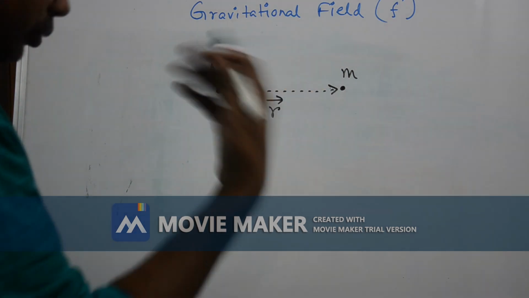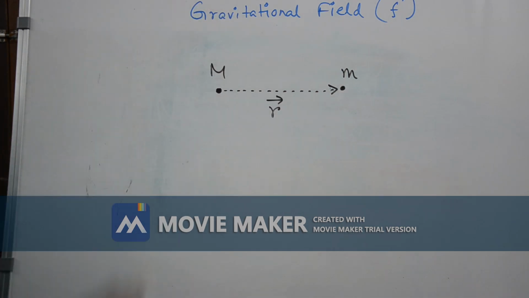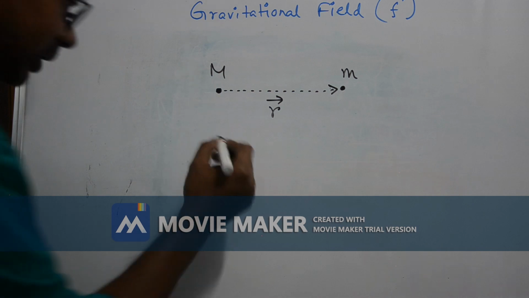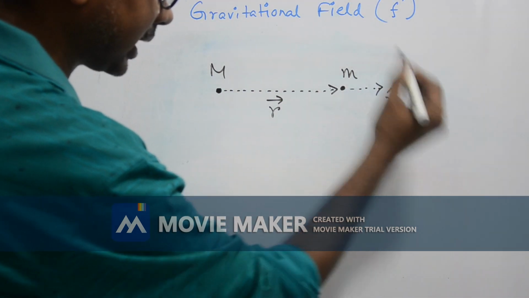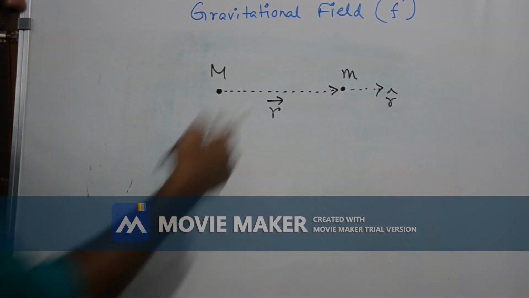Now we naturally ask the question: what is the force of attraction affecting the test mass? The force of attraction is due to gravitation. That is very simple to calculate, and we have already seen that. The unit vector points this way, but the force of attraction will point towards the capital M, the source mass.